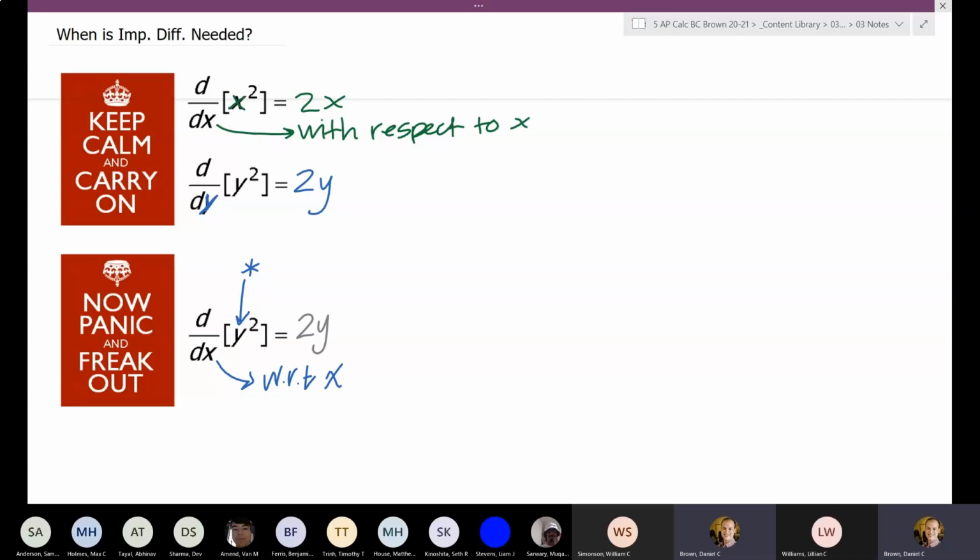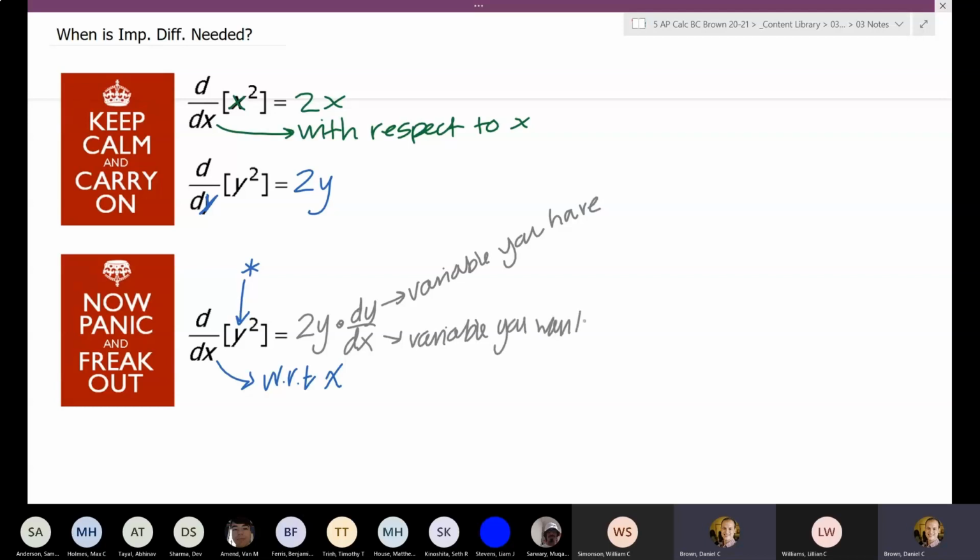The derivative of y squared is 2y, but the derivative of y is dy/dx. So to fix that, we multiply by dy/dx, where dy is the variable that you have, and dx is the variable that you wanted, is how I think about it.